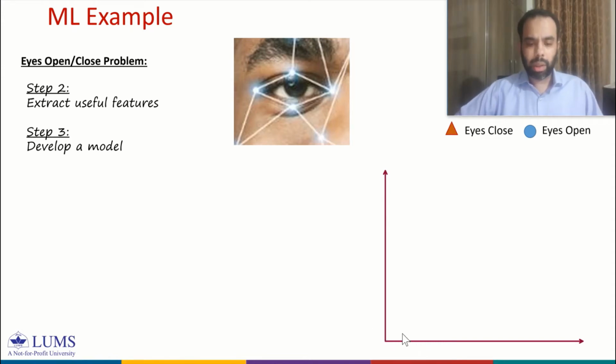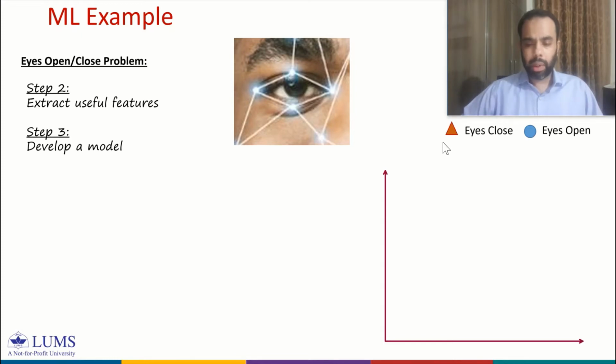and we plot the distance between these 2 points for left eye on x-axis, and for right eye on y-axis. For each photo in the labeled data, we use a circle to denote the label for open eyes, and a triangle for closed eyes, right?